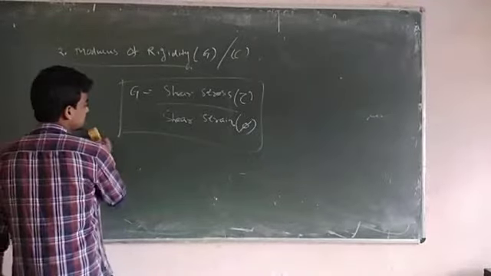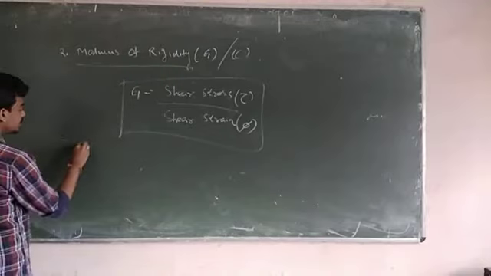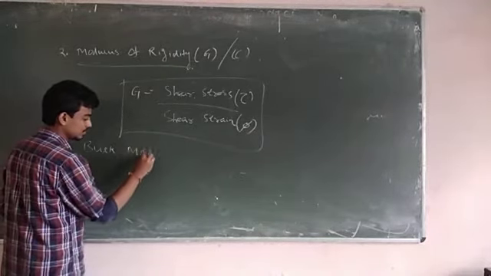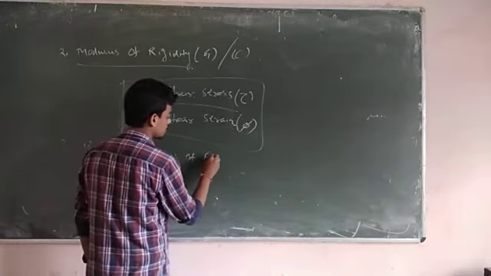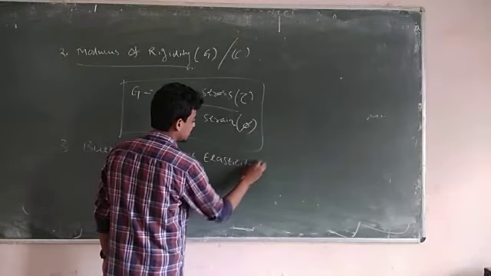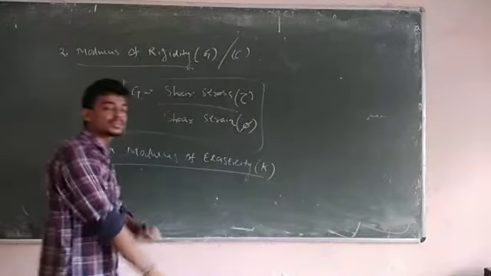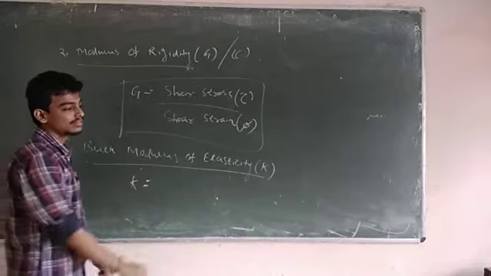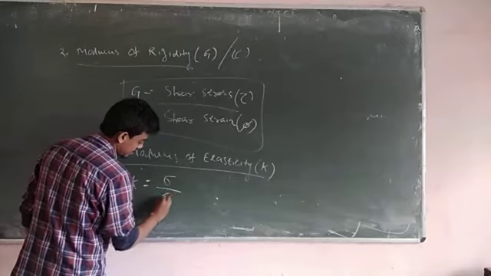Next, third one is, here also I am writing, bulk modulus of elasticity. That is K. So what is bulk modulus of elasticity? That is equal to our normal stress to volumetric strain.